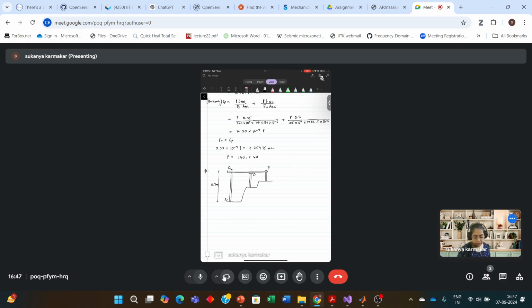This length is 0.3 meter. This is 0.3 meter, 0.45 meter.